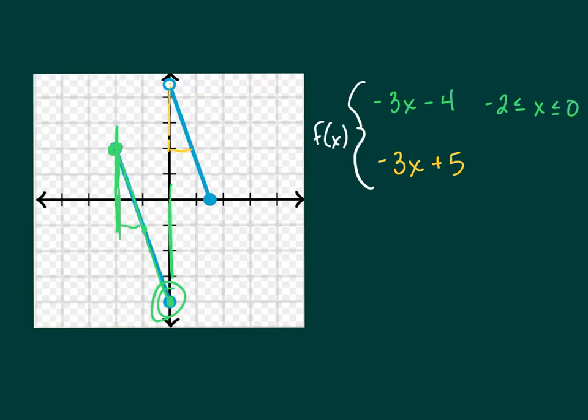For the yellow one, I have an x value of 0, and it's less than, because this is an open circle, x, which is less than or equal to, and that looks like an x value about 1.5. So that is my piecewise equation for that one.